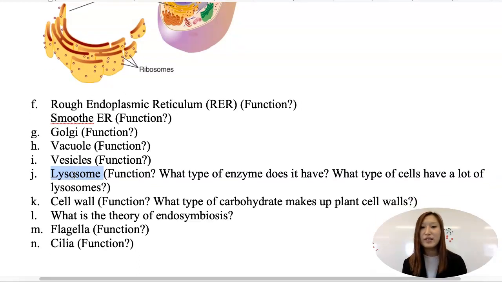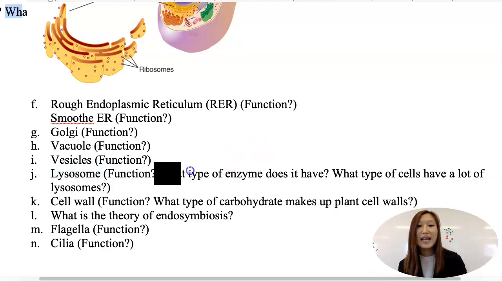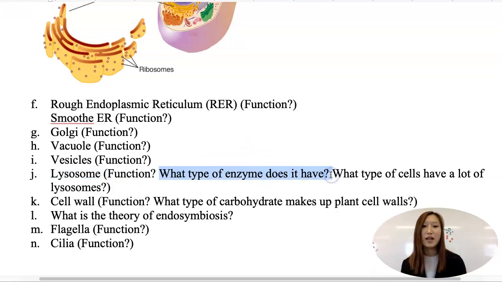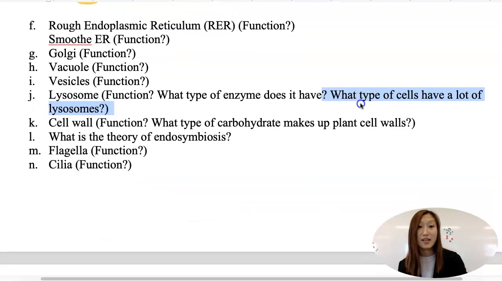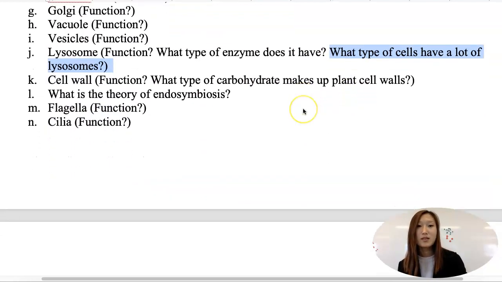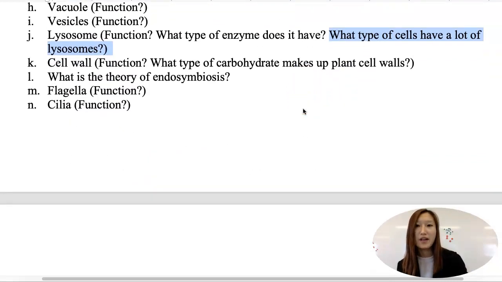So let's say you have a protein that's no longer needed, or if your cell is digesting food, we can send the food to the lysosome and then it breaks down the food. It has digestive enzymes, digestive enzyme is good enough for you to know. So these digestive enzymes break down the material for the cell. What type of cell has a lot of lysosome? Liver cells have a lot of lysosomes because your liver helps detoxify your body.